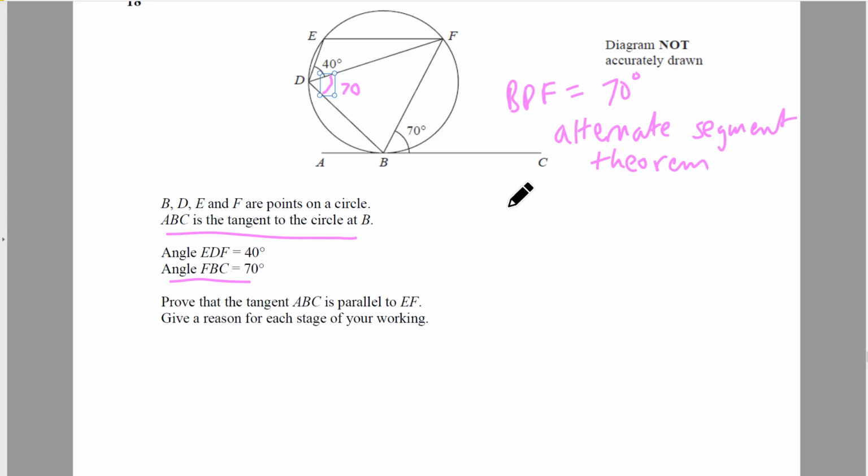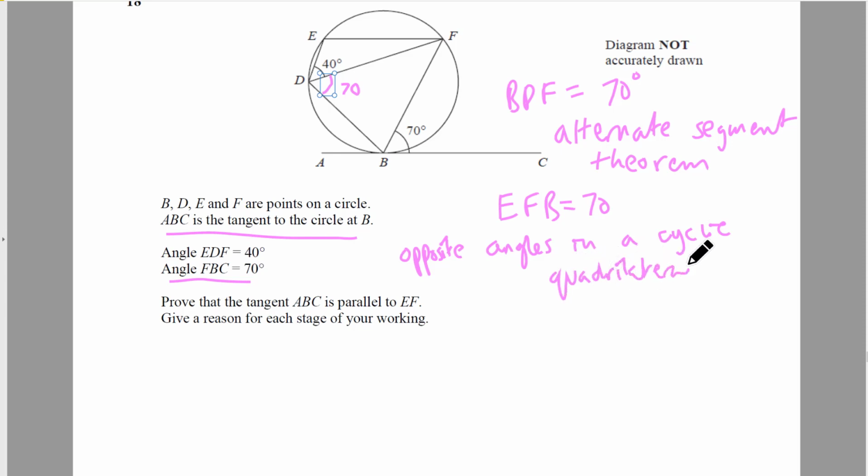Now angle EFB is going to equal 70 because opposite angles in a cyclic quadrilateral equal 180.